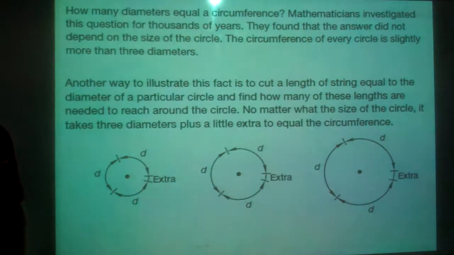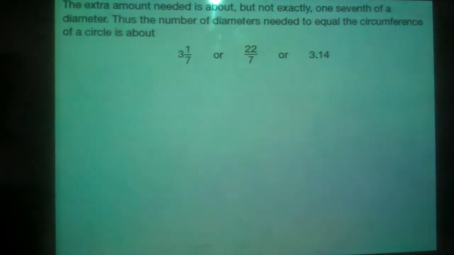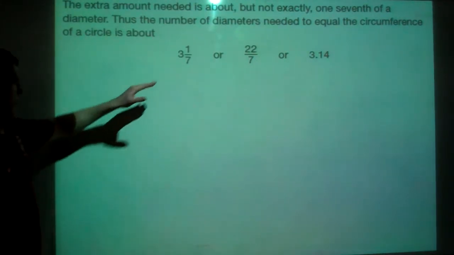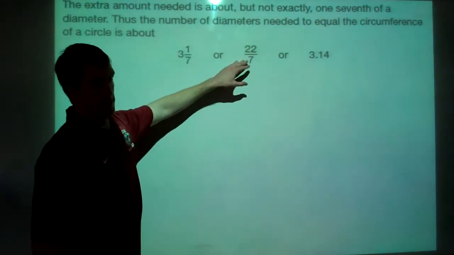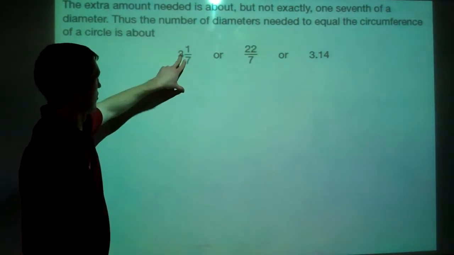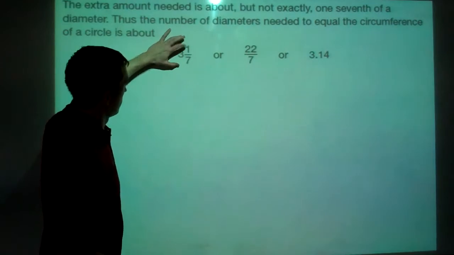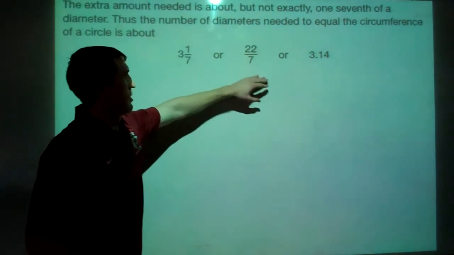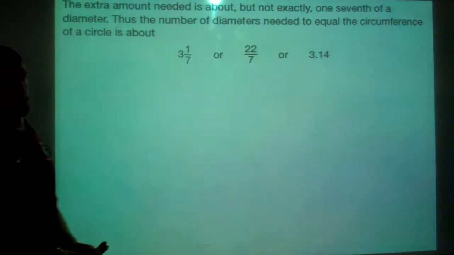The number that it actually is a very popular number today, and we know it as pi. So the extra amount needed is about, not exactly, 1/7 of the diameter. Thus, the number of diameters needed to equal the circumference of a circle is about 3 1/7, or as an improper fraction, 7 times 3 is 21, plus 1 is 22, 22 over 7, or 3.14 as a decimal.